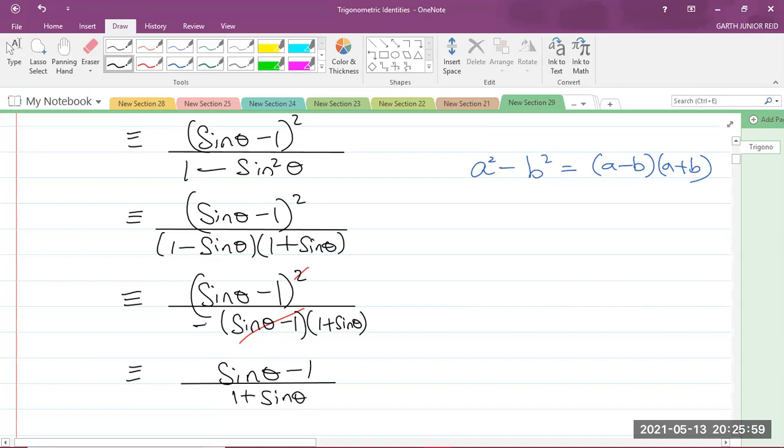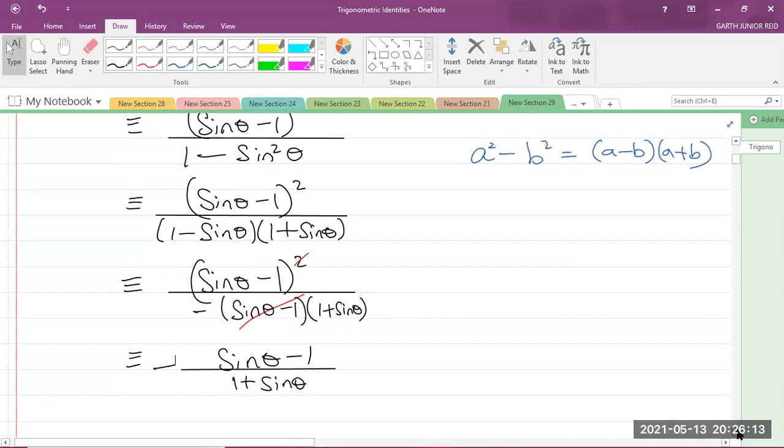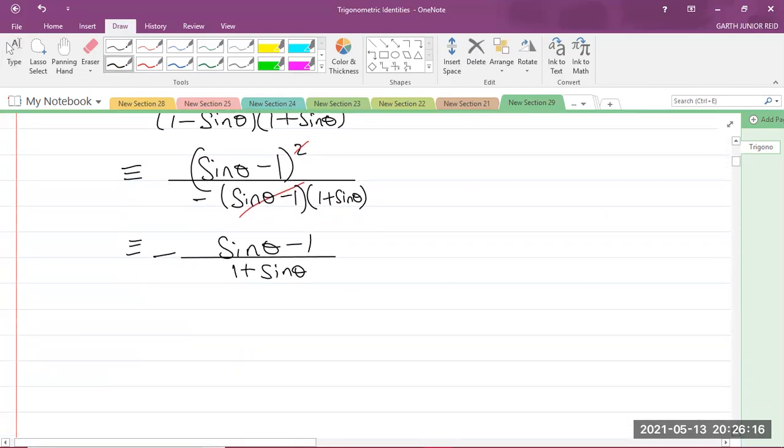Now remember that there's a negative in the denominator, so I'm just going to put it to the side. And I'm now going to rearrange the denominator. So this is equivalent to the negative of sine theta minus 1, and I'm just going to switch around the 1 plus sine theta, so I will now have sine theta plus 1 in the denominator.